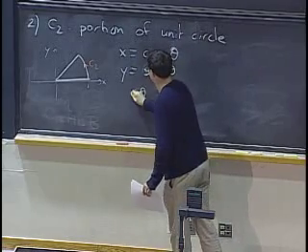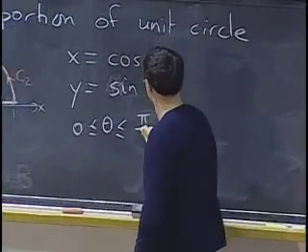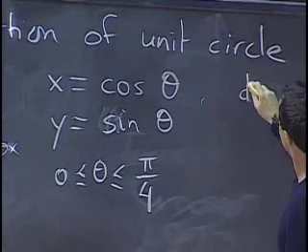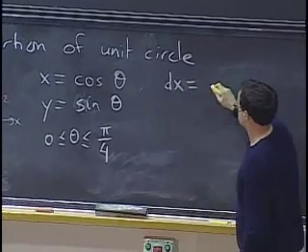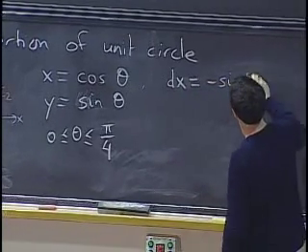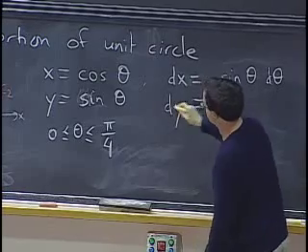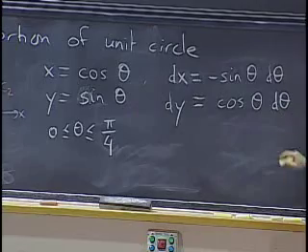What's the range of theta? Theta goes from 0 to pi over 4. Okay? So whenever I see dx, I will replace it by, well, the derivative of cosine is negative sine, so minus sine theta d theta. And dy, the derivative of sine is cosine, so it will become cosine theta d theta.